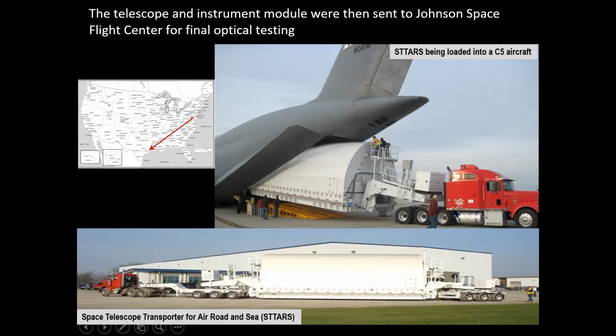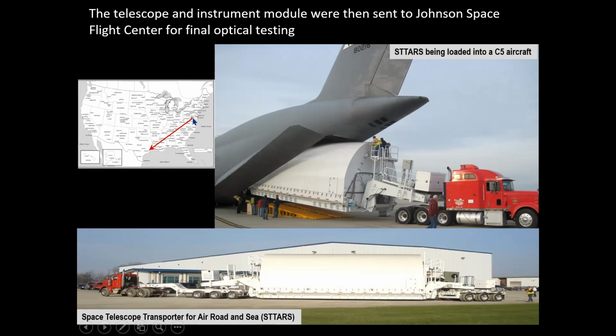And this shipping container is designed to fit onto a C5 transport aircraft. So we literally drive it onto the aircraft. It just barely fits, as you can see here, but we did get it in there.